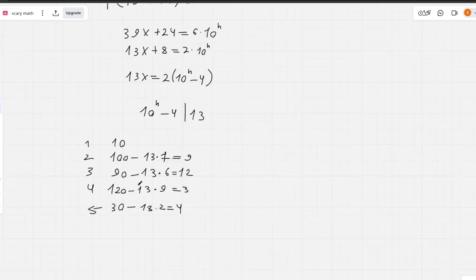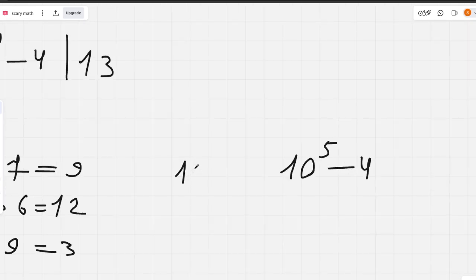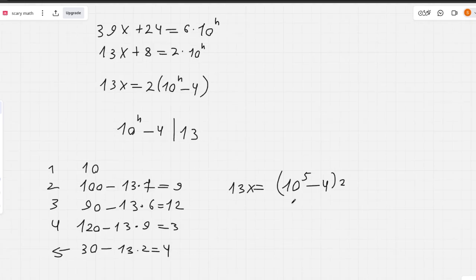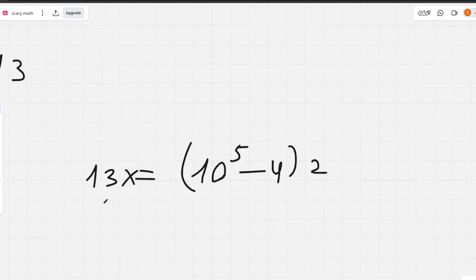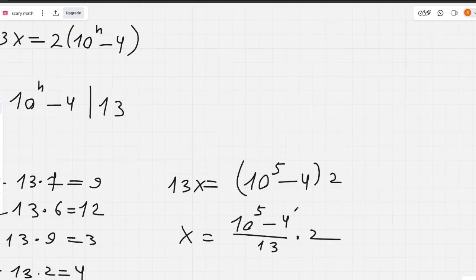The fifth one is what we were looking for, so 10 to the power of 5 minus 4. 13x is equal to this times 2. Now we need to divide by 13 and we get x, which is 10 to the power of 5 minus 4 over 13 times 2.